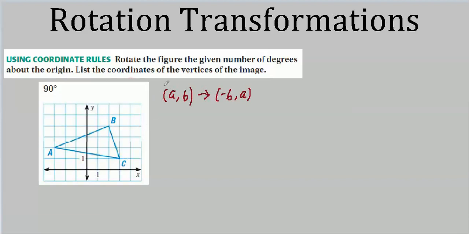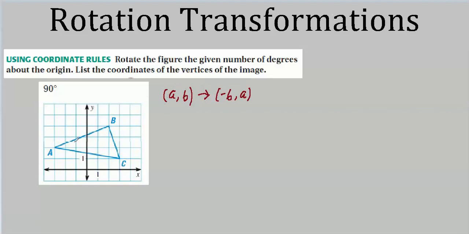When we were translating, it was easy to count the number of units. We had to shift something left or right or up or down and then do it. And it's not so easy with this. I think it's easier to just stick with the coordinate rules, which I went ahead and wrote in here. This is the rule for 90 degrees. There's one for 180 and 270. They're not that hard to remember.